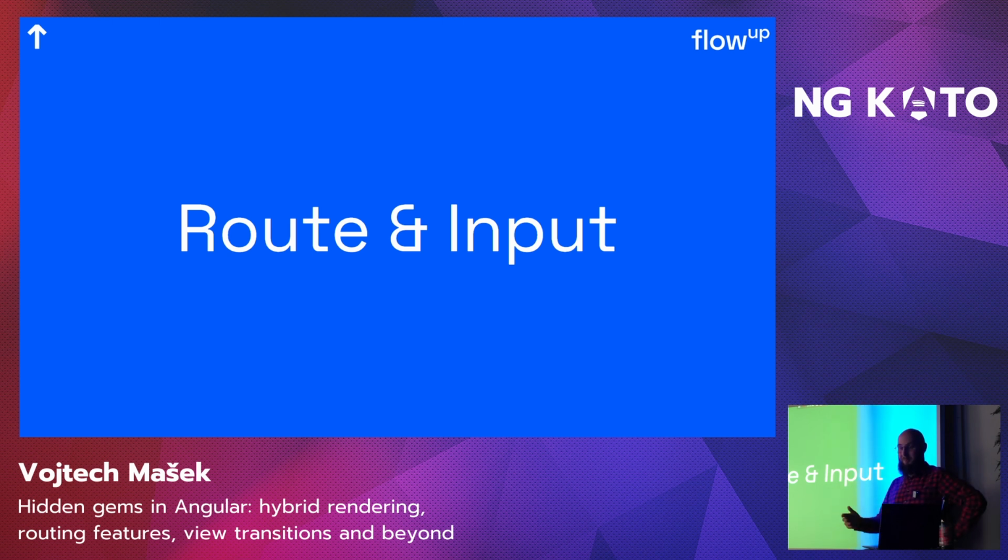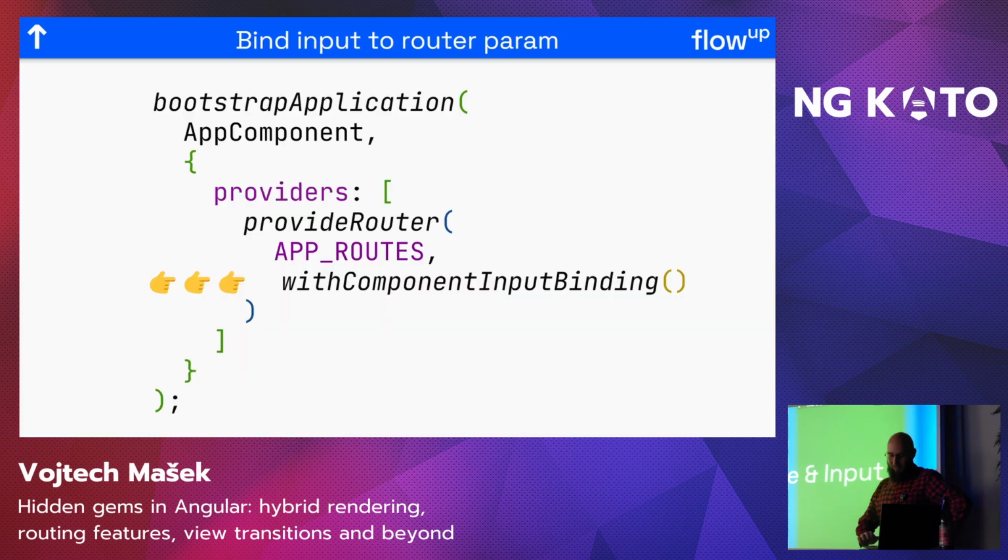I also use both in many places, and it has been a really weird situation where every time I wanted to use a parameter, I would either have to do an activated route snapshot data or query parameter. Then I would have an untyped map, and I would have to convince the Angular compiler to not yell at me that I absolutely know that my ID or slug or whatever is there. So it has not been a nice experience.